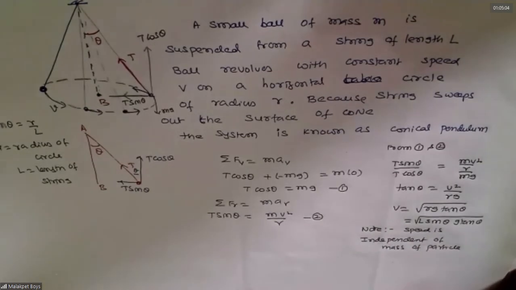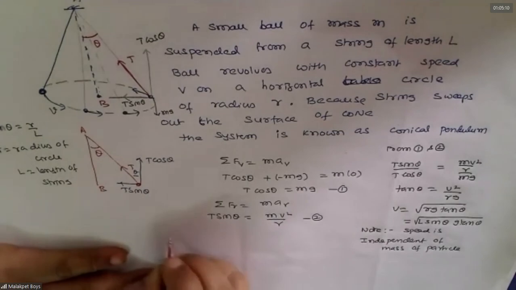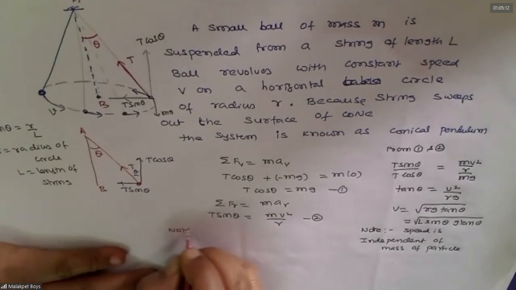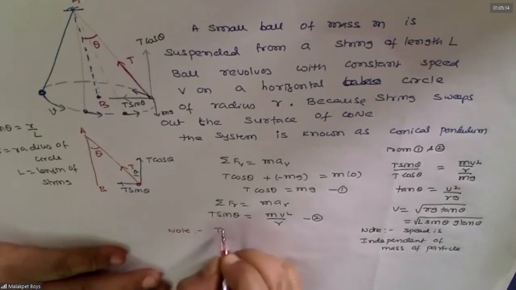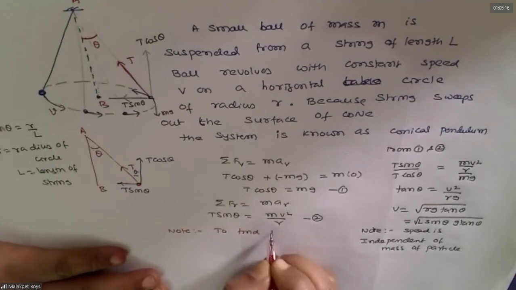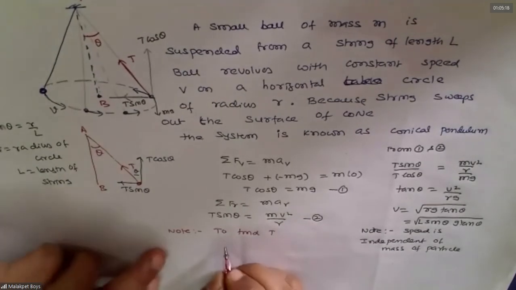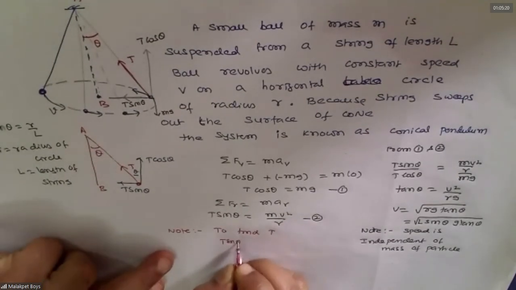Like that he'll be asking to find the tension. Suppose speed is given and we need tension, to find T, how will you find that? He may ask anything. What you'll do is square and add, that's all.